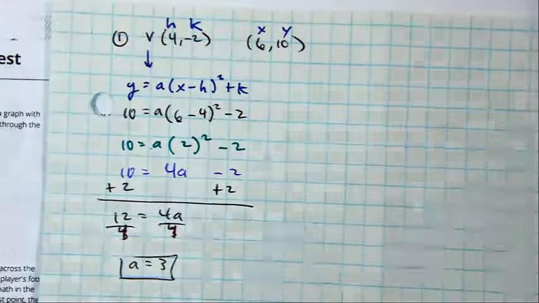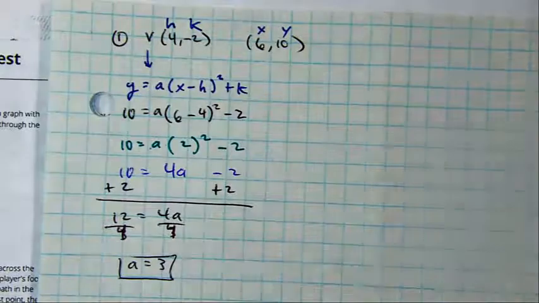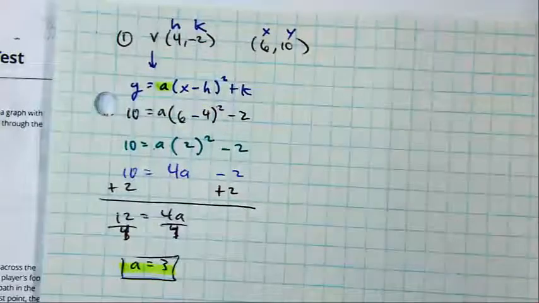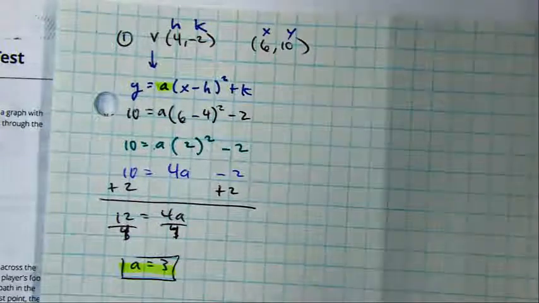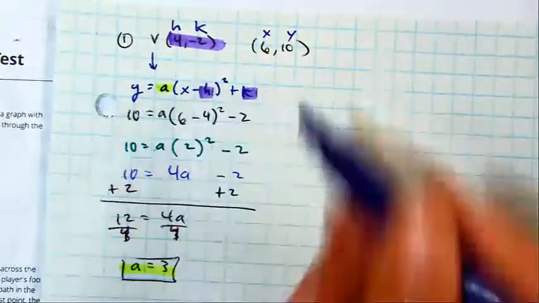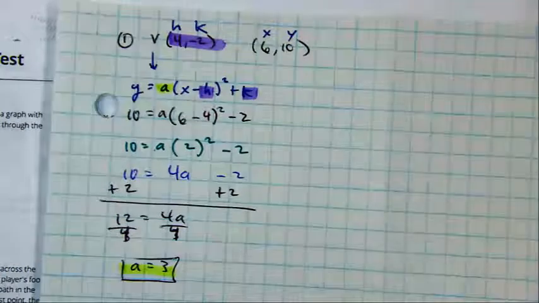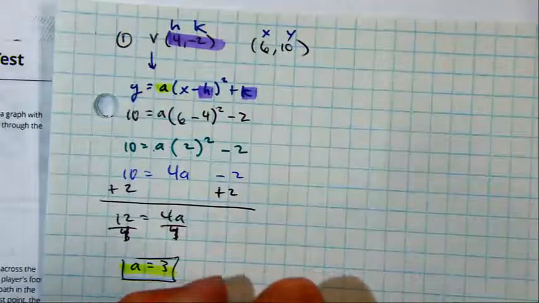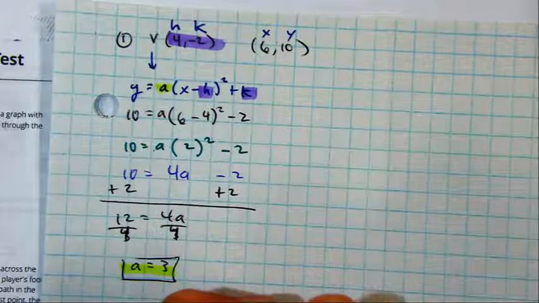What can you do with your a value now? Well, I would essentially just use the a value and then the h and the k values, because it says which quadratic function. So y equals 3 times (x - 4) squared minus 2.